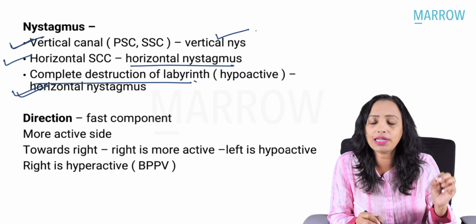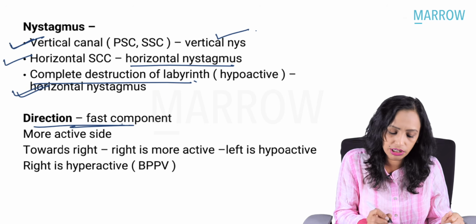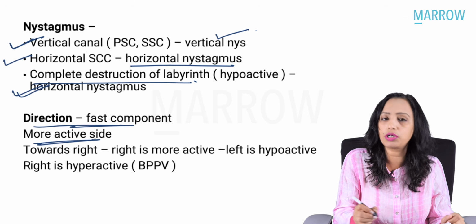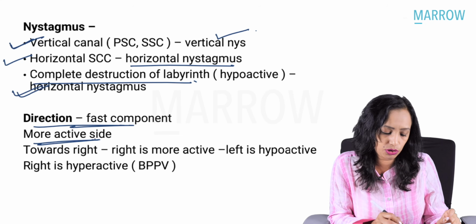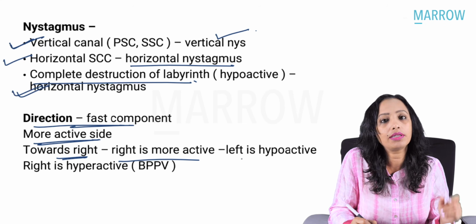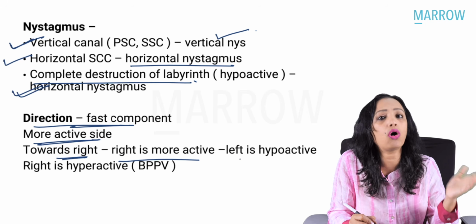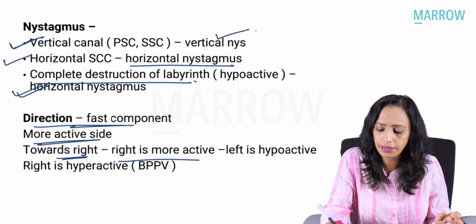Which side is the lesion? How can you come to know? Yes, the direction will tell you. Direction is the fast component, and direction is always towards the active side. Which means that if it is towards the right side, it means right is more active, that is, the right side is a hyperactive lesion, or the left is the hypoactive lesion, right?